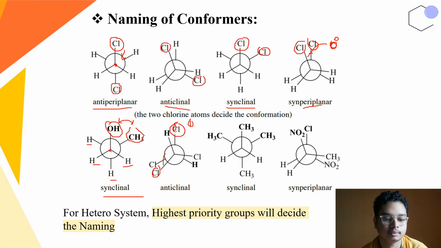This chlorine is 120 degrees apart, so it is named anticlinal, and we omit the other chlorine. Even if we don't omit it, you can find that this chlorine and this chlorine are also 120 degrees apart, so we name this anticlinal. Similarly, here CH3 gets the highest priority, and in the back carbon there are two CH3 groups.